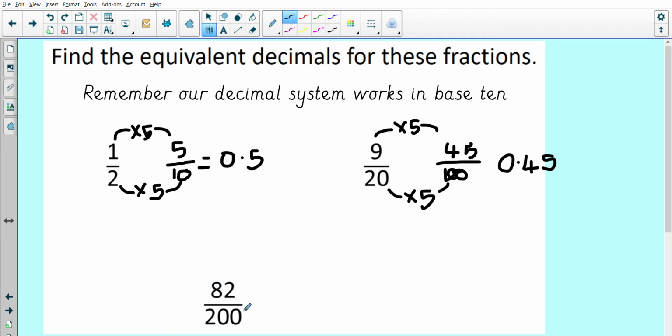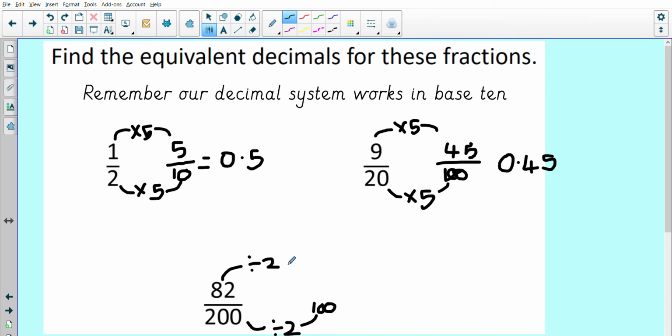82/200ths. We don't work in 200ths in our number system, but we do work in hundredths. And I can halve both of these numbers because they're even numbers. So I'm going to divide 200 by 2. And now I'm thinking about hundredths again. I can divide 82 by 2.